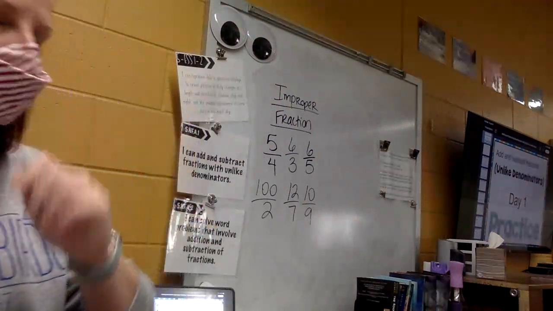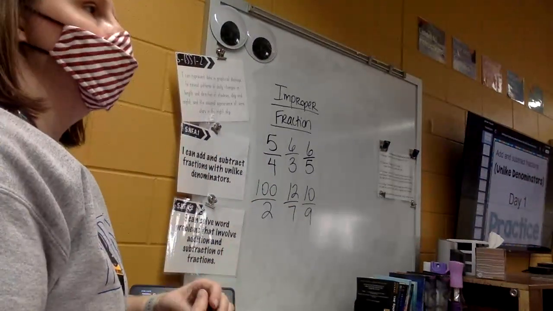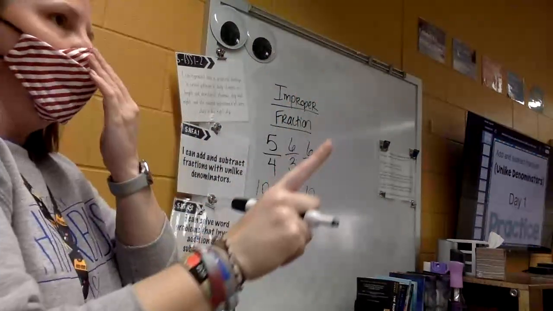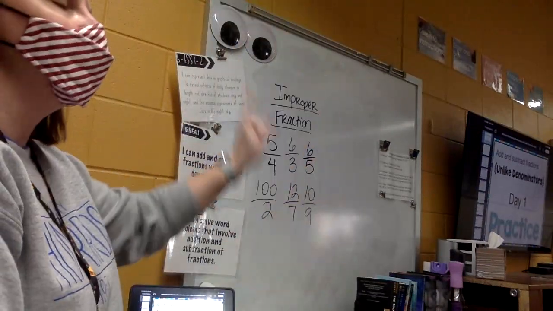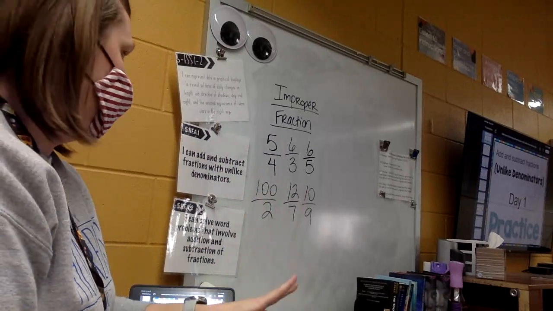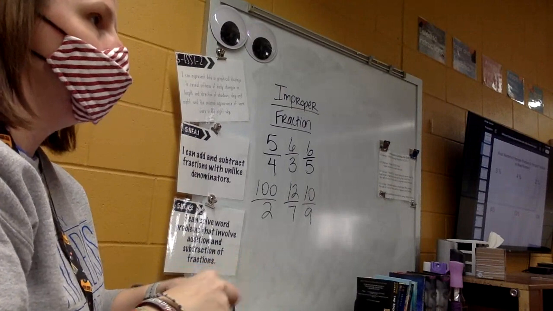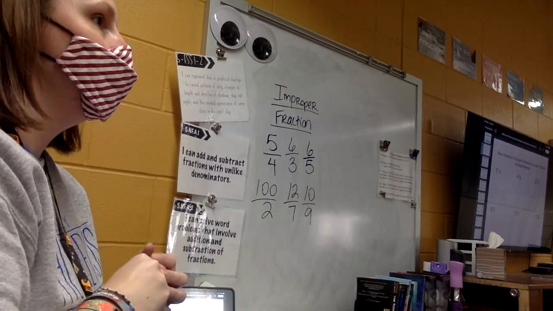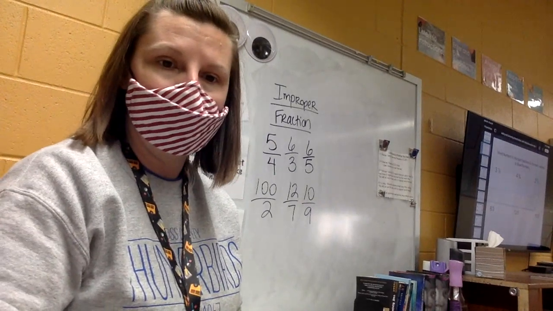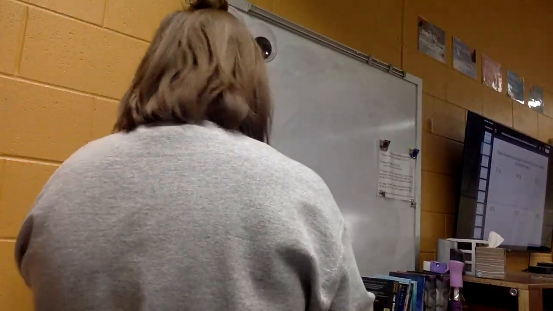Okay, now we're going to look at first today changing mixed numbers to improper fractions and improper fractions back to mixed numbers. That's the first thing we're going to look at today. So we're going to do mixed number to improper fraction first.